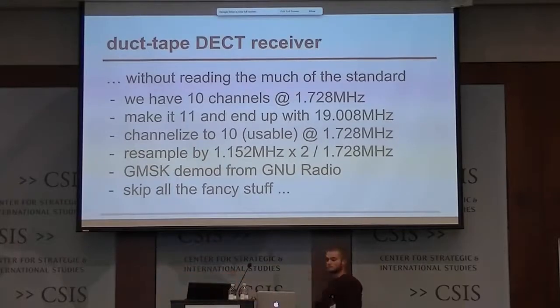Most of this project was actually spent on trying to figure out how those channels map to the actual channels. So we took 11 and made it kind of convenient. We resampled them, and I can show you the flow graph later. It's pretty much a channelizer and then a block that we call DECT smarts that just correlates.